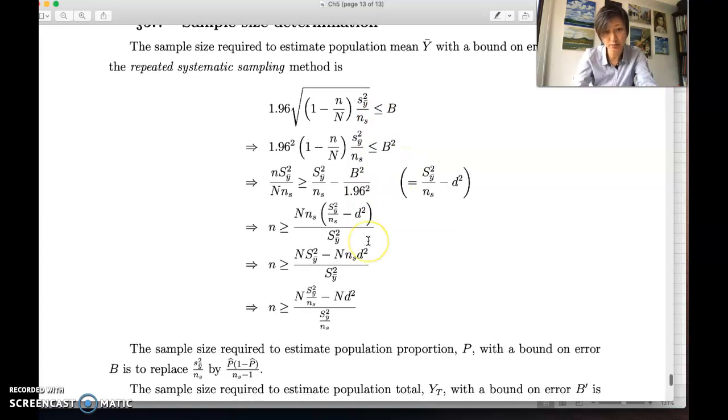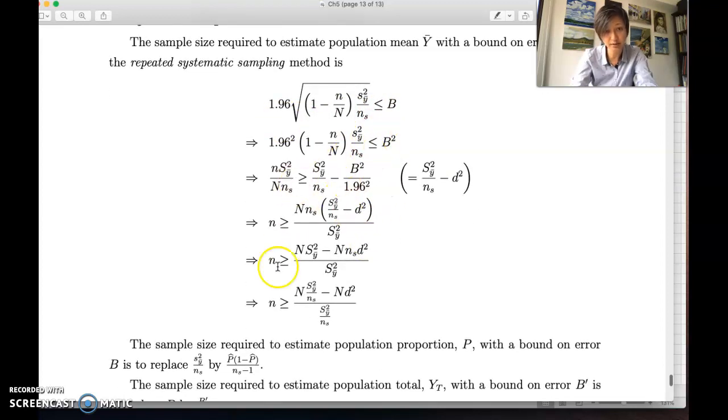Then we work it through with the formula, and we can find the sample size needed to achieve this bound of error for the y bar under repeated systematic sampling, which equals this equation.